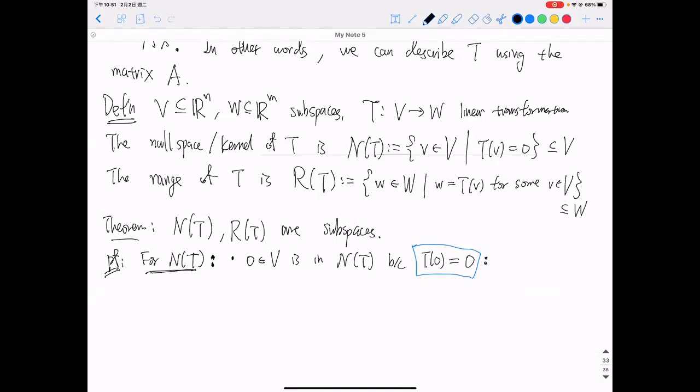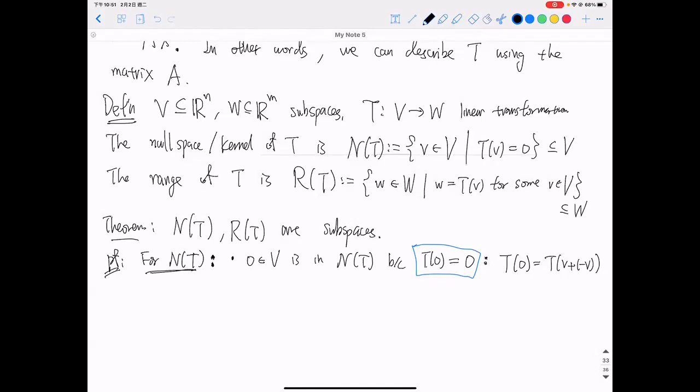Let's see. T of 0 is equal to T of V minus V, right? For any V, or maybe we should write it slightly more formally, V plus its additive inverse, right?